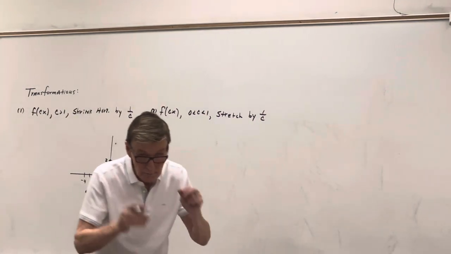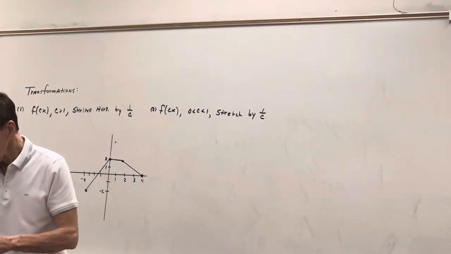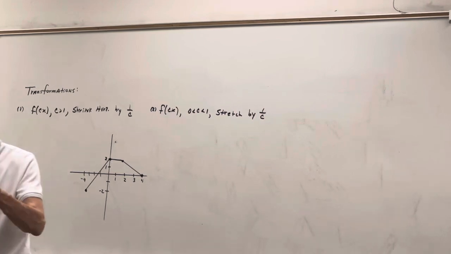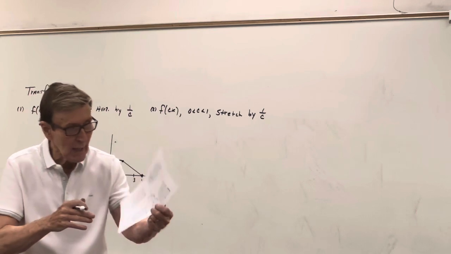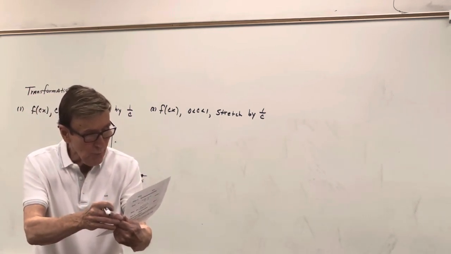Pretty close to that? Now, on the back, let me check one more time. I have 4 grids, and I'm asking you to take that parent graph and apply these transformations and get 4 graphs for me, your instructor. I see 1, 2, 3, 4.